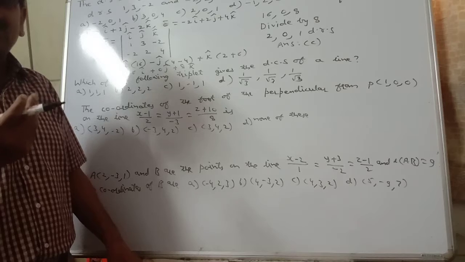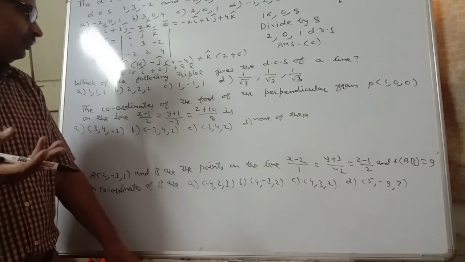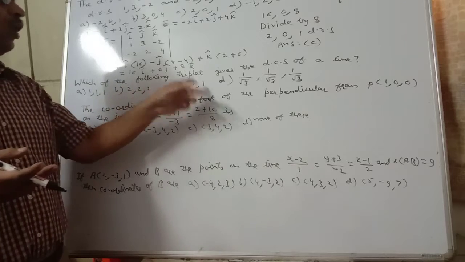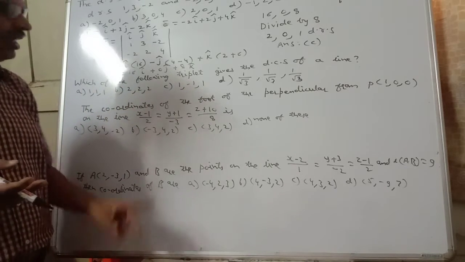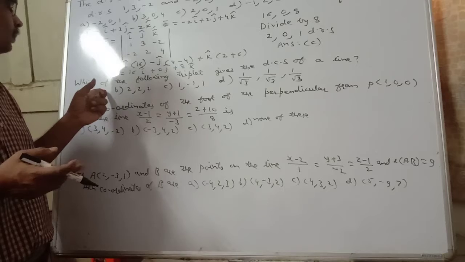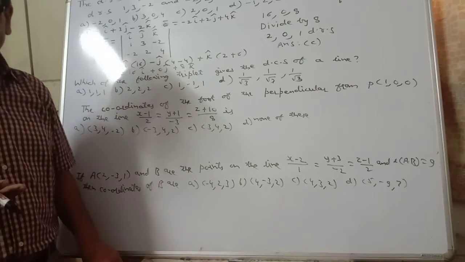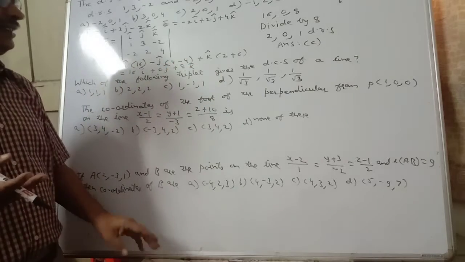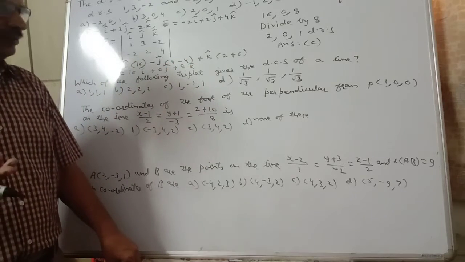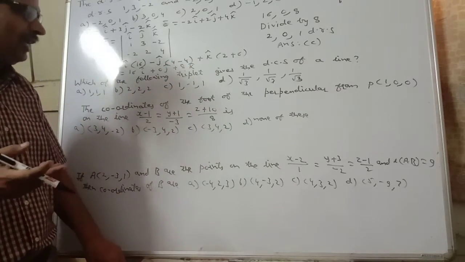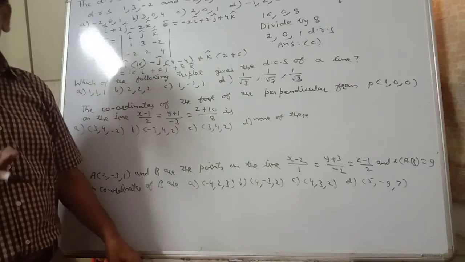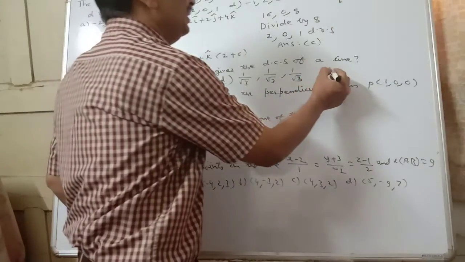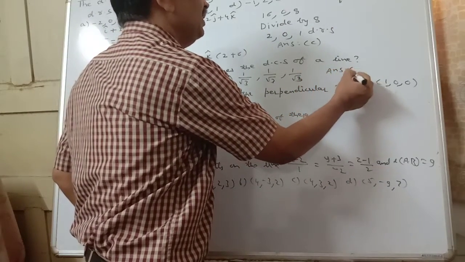Number cannot be greater than 1. Observe option A, option B, option C. Here, if we find sum of squares of these numbers, they cannot be equal to 1. So here, answer is option D. Because in option D only, numbers, they are less than 1. So directly we can write answer option D.